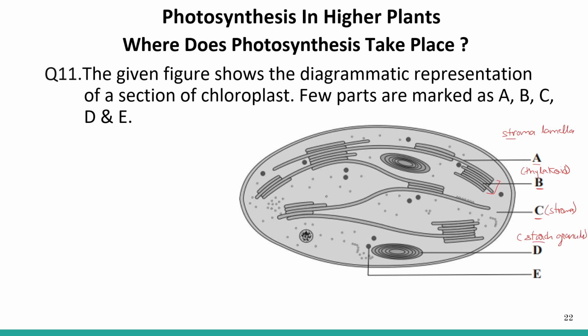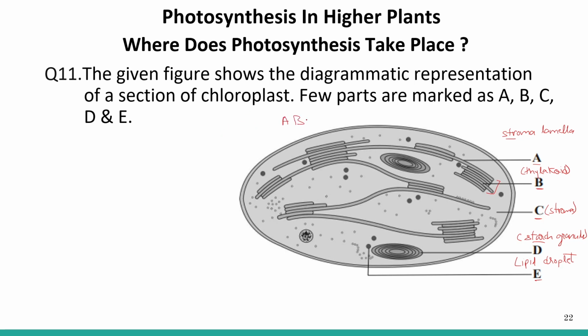Again, there is no role of starch granule in photosynthesis or the formation of ATP and NADPH. And E is the lipid droplet here, which again doesn't have any role in production of ATP and NADPH. Alright, so what should be the correct answer?